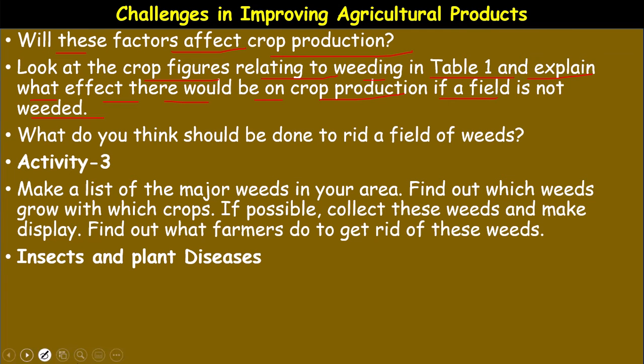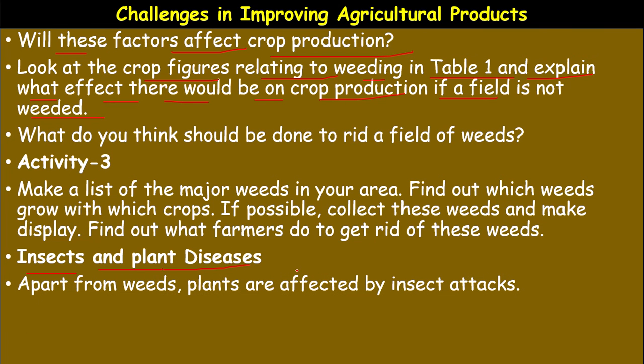So, now come to insects and plant diseases. Okay. Insect pests are detrimental to the crops by attacking in 3 ways. What are those 3 ways? Chewing insects, sucking insects, internal feeders.